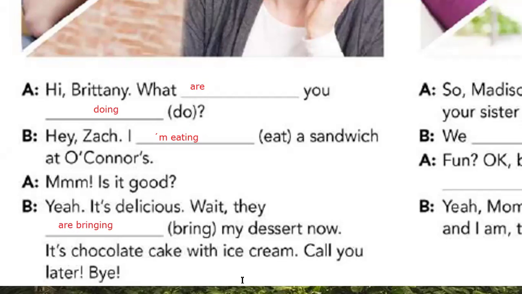The use in this conversation is at the moment, right? Remember that we can use it for things that are happening at the instant, in the present. And the other use is for things that are not in this moment, but are in a period in the present, like an activity that you are doing constantly for a period of time. Not as a habit, not as something 100% permanent.